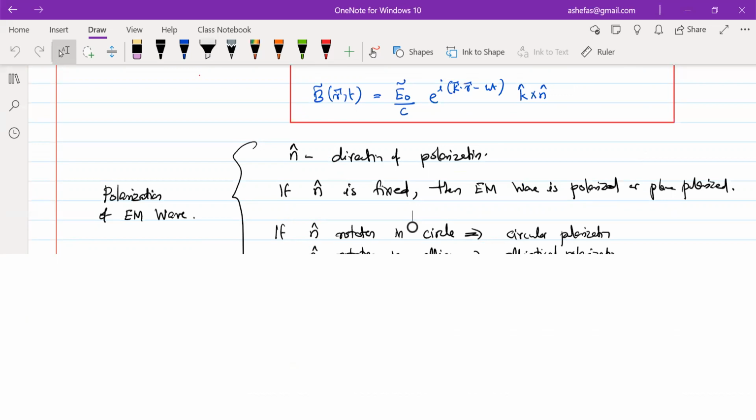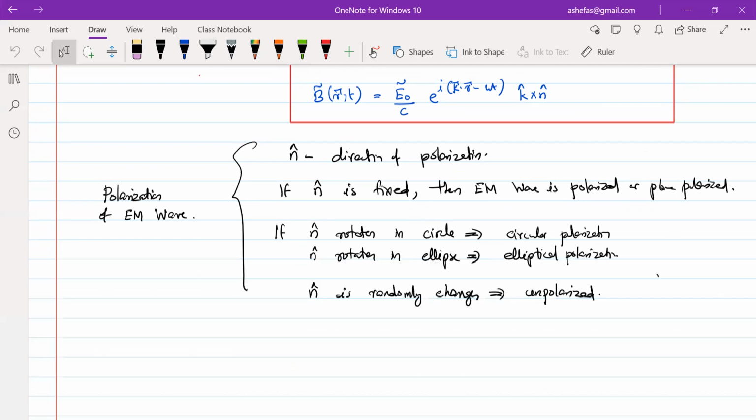The direction of the electric field during propagation is called the direction of polarization. If it is fixed, the wave is called plane polarized. If n rotates in a circle or ellipse, the polarization is circular or elliptical. And if n is randomly oriented, it is called an unpolarized electromagnetic wave.